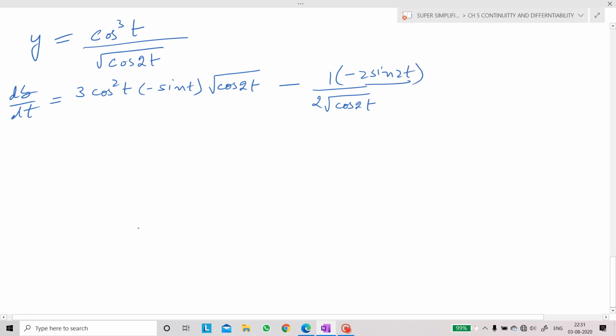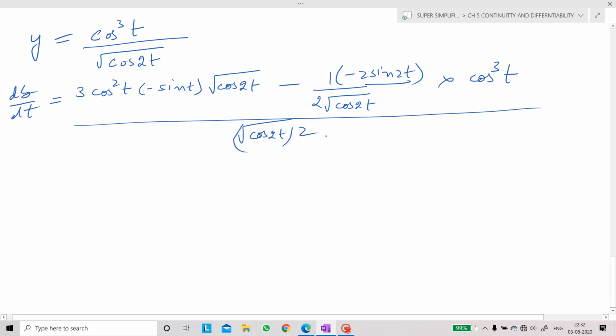This is the derivative of square root of cos 2t multiplied by cos cube t whole divided by root of cos 2t and its square. Now we simplify it.